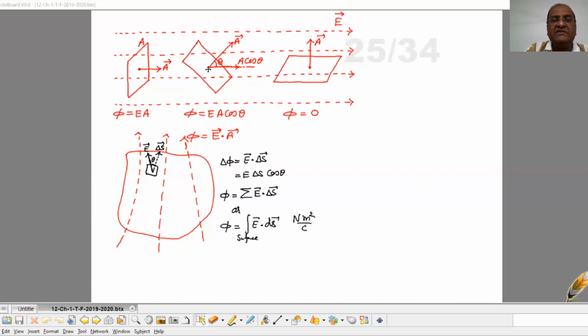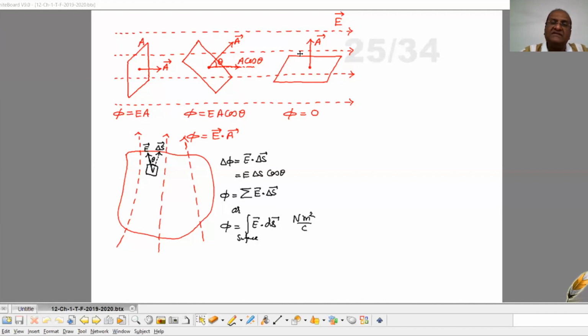If we take its component in the direction of the electric field, the area vector, which makes an angle theta with respect to the field, has the component A cos theta along E. So A cos theta represents the component of this surface which is perpendicular to the field. So now we can say the total number of field lines passing through the surface normal to it is EA cos theta.